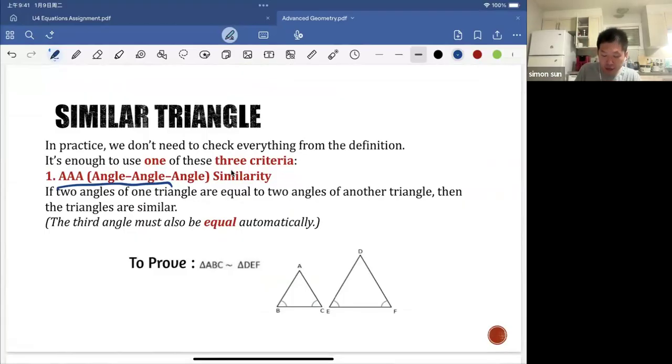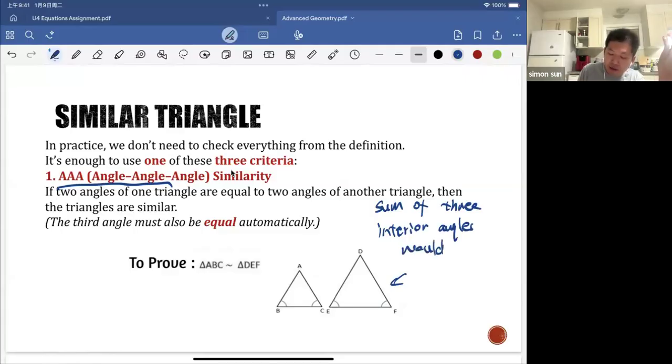Look at the triangle ABC and DEF here. Now the thing here is, do we actually need to prove all the three angles are the same? Actually, it's not needed, right? Because we know the sum of the three interior angles would be 180 degrees.